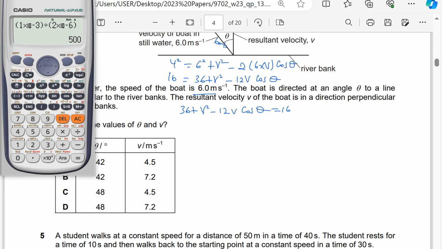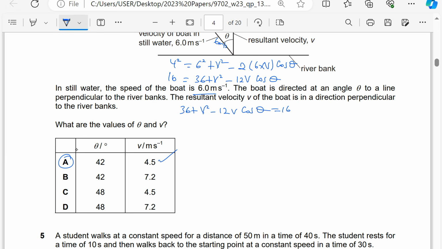I have 36 plus v squared, v is 4.5, I'm checking option A, so 4.5 squared, minus 12 times v, which is 4.5, times cos of theta, which is 42. So you see, when I substitute, this gives me 16. So the answer is most likely going to be A.